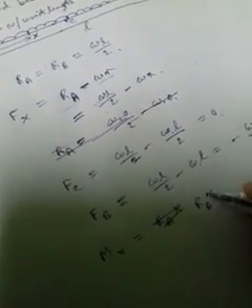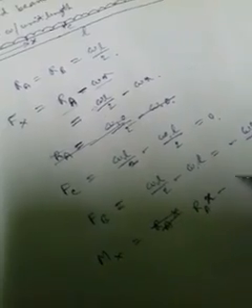Now for calculating the bending moment throughout the beam, we can use the equation Mx equals RA into small x minus Wx square by 2. And why this type of equation?